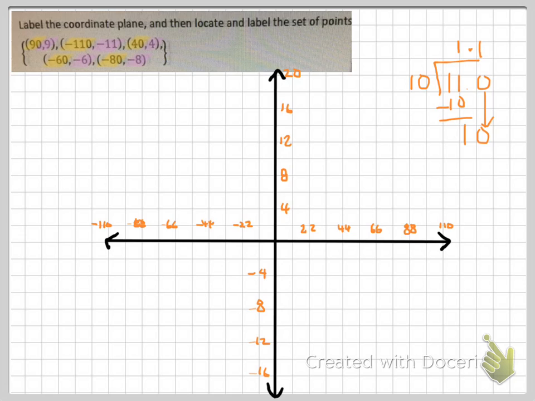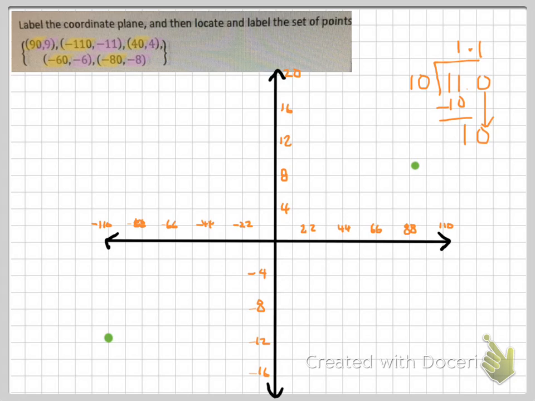Okay? So now that we have our interval, now we can plot the points. So when we plot these points, I see 90, 9. So 90 to the right, a little bit past 88, and then up to 9, that's going to be halfway between 8 and 10, which is going to be about right there. Negative 110, negative 11. Negative 110 is all the way out to the left, and then negative 11 is all the way down, almost to the 12, so right there.